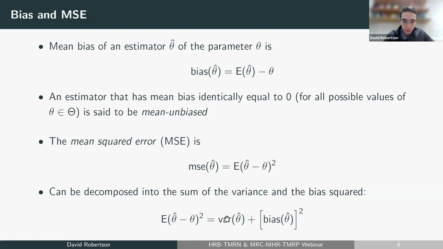So the mean square error of an estimator can be decomposed into the sum of the variance of the estimator plus the bias squared. And the mean square error has been proposed as a criterion which you can use to assess the properties of different estimators, balancing the variance and the bias. Although we'll return to that issue as we go along.